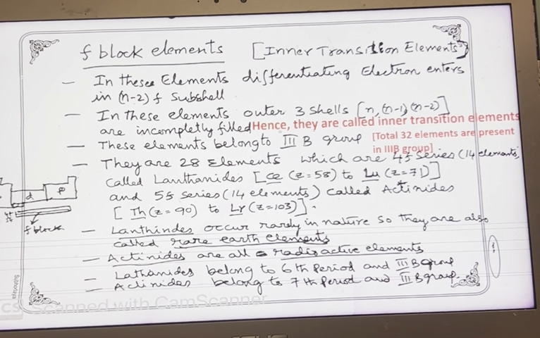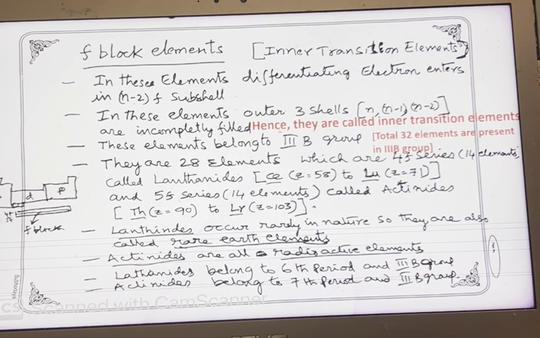For example, the modern periodic table is classified on the basis of the differentiating electron, that is the last electron, entering the subshell. If it enters the s subshell, that element belongs to the s block.